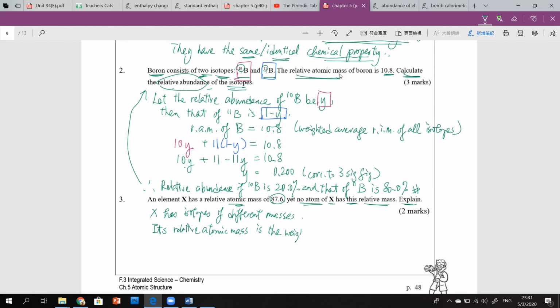It's just the weighted average of the isotopic masses of the naturally occurring isotopes on the carbon-12 scale.